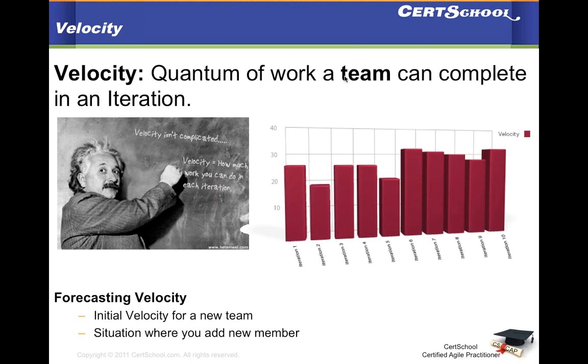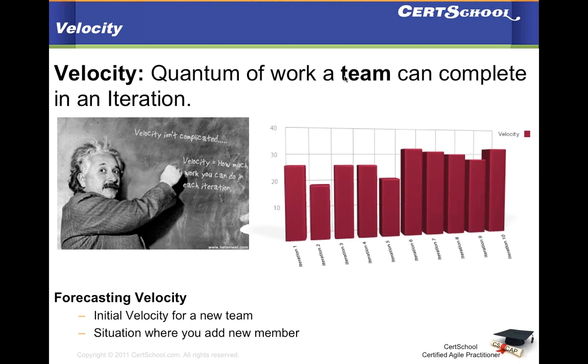The quantum of work can have different units. It depends on what you are following. Last time, actually the time before that, about a month ago, we were talking about story points, and how story points are more accurate because they're relative and they're unitless.